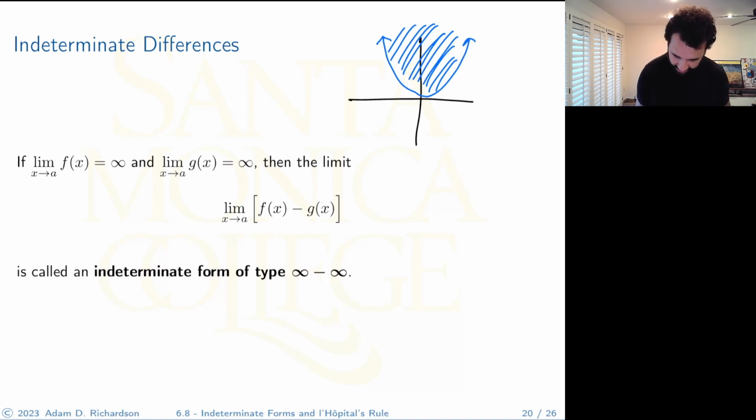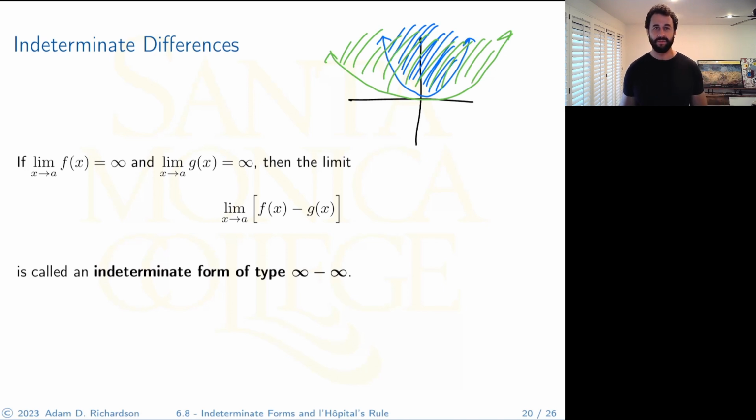Now think about this parabola instead. What's the area above the green parabola? Infinite, right? It's got infinite area again. But intuitively, you can see that the area above the green parabola is more than the area above the blue parabola.